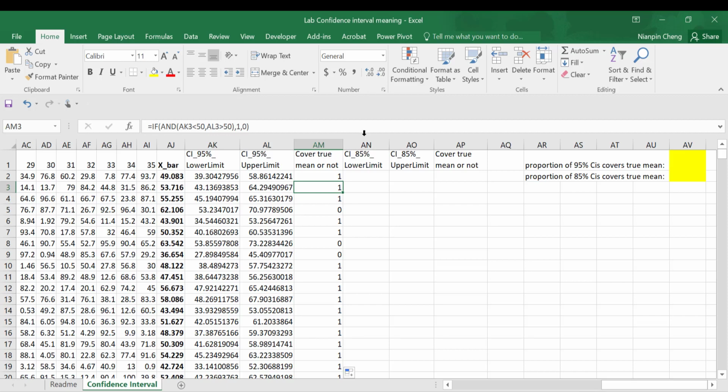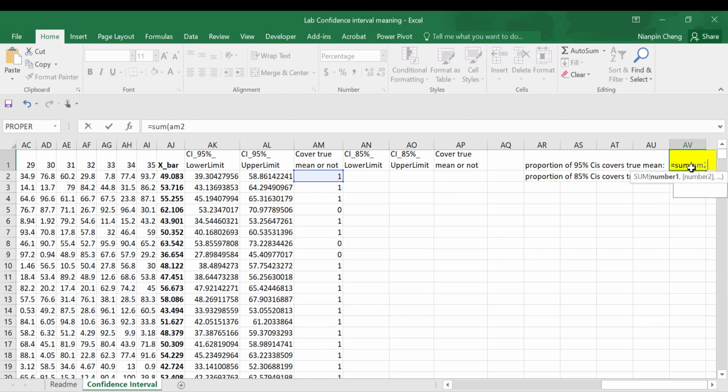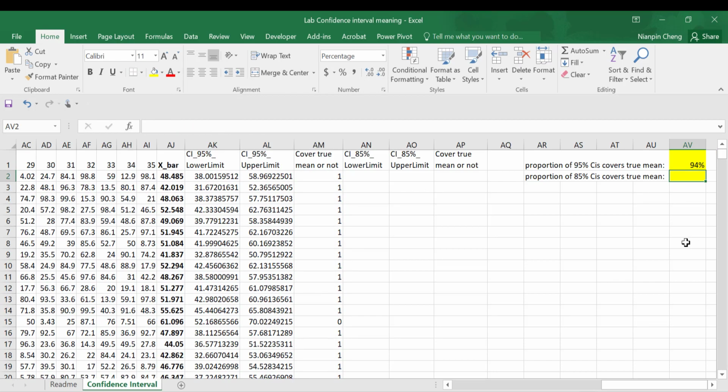What's the proportion that covers the true mean? That's equal to, we just sum all these ones, right? From AN2 to AN1,001, and divide by the total, we have 1,000. So see, the proportion is 94%.